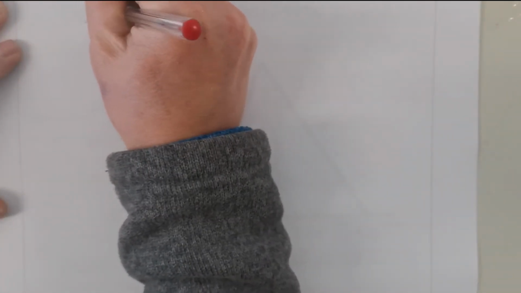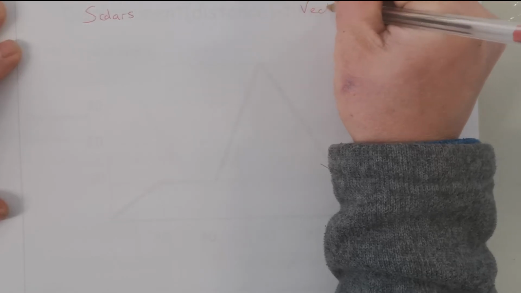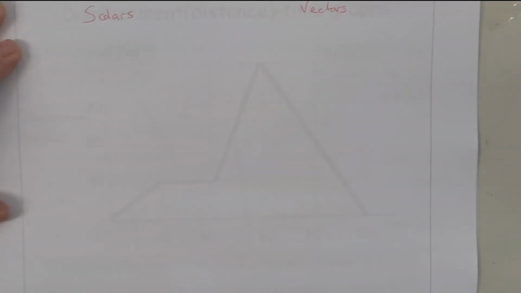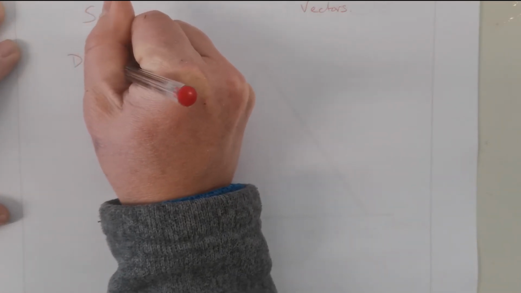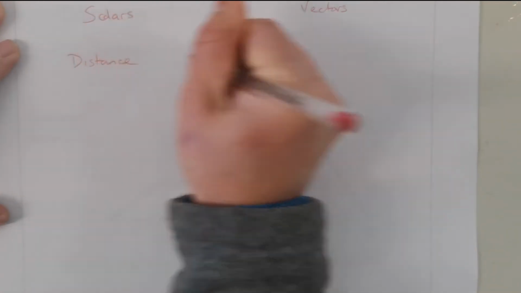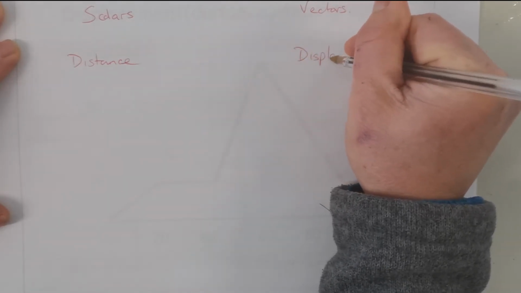So let's make a list of some common scalars and vectors. Well, two obvious ones we can go with are distance, and that's matched up with displacement.